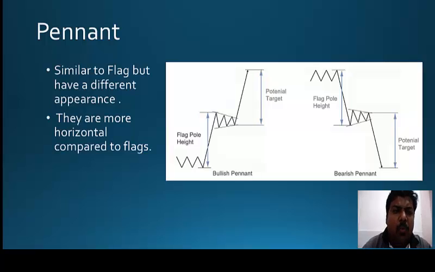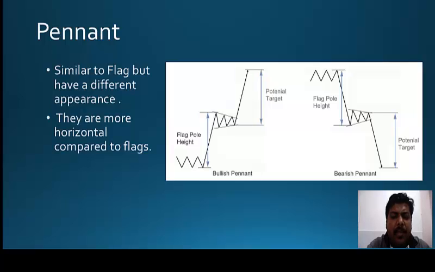Extremely similar to the flag is the pennant formation. They both are exactly similar in how you trade. It's just that when the consolidation occurs after a rapid up movement, the consolidation shape is not like two parallel lines.